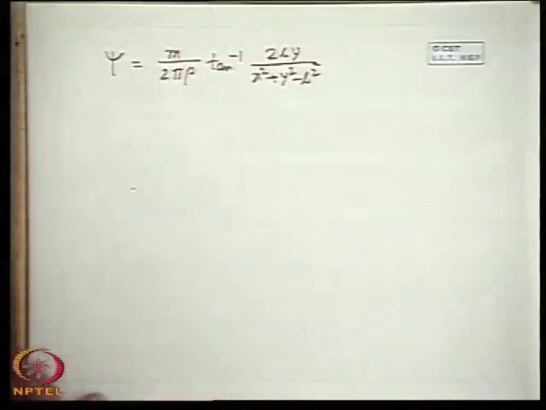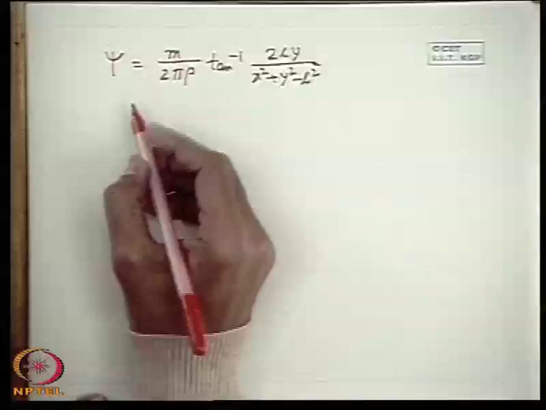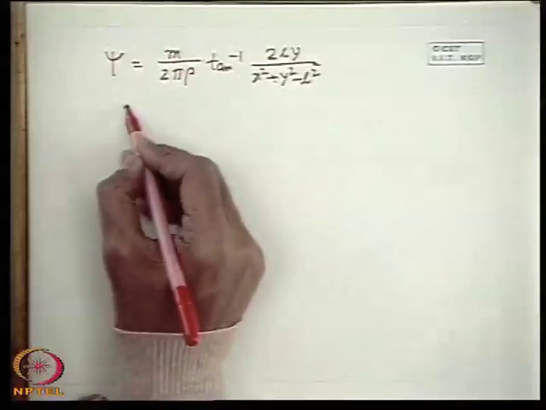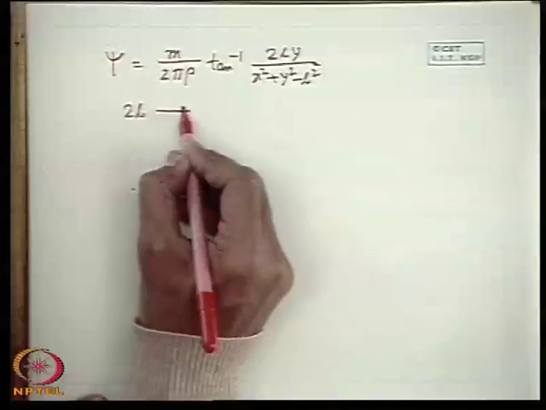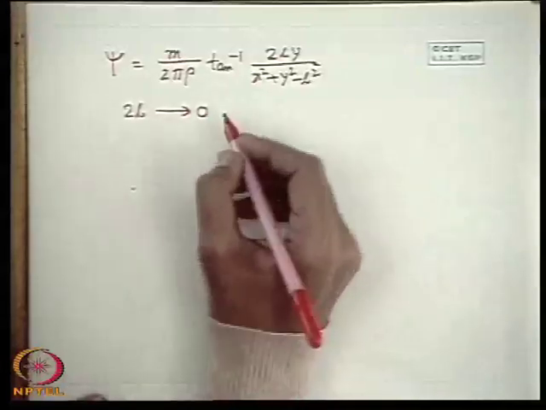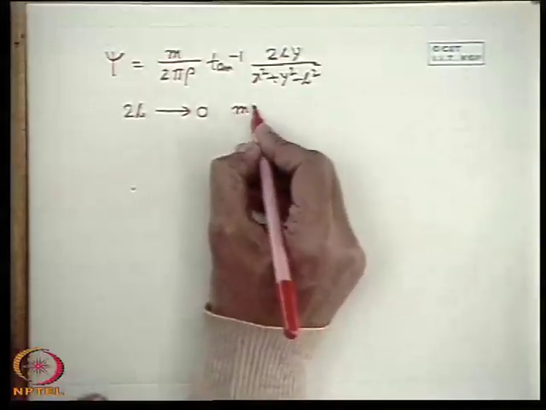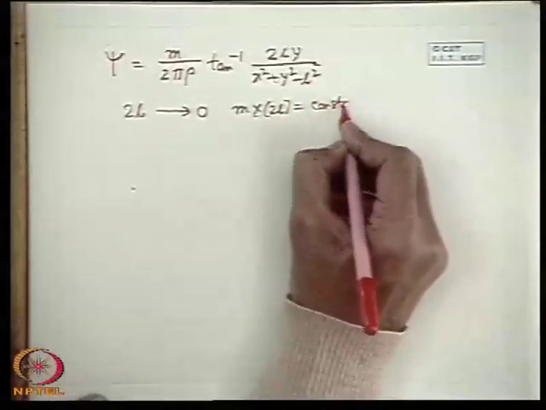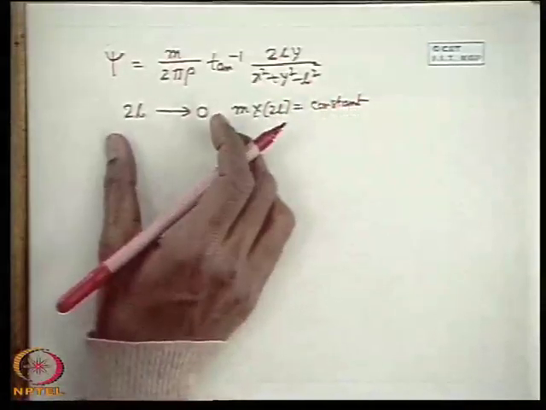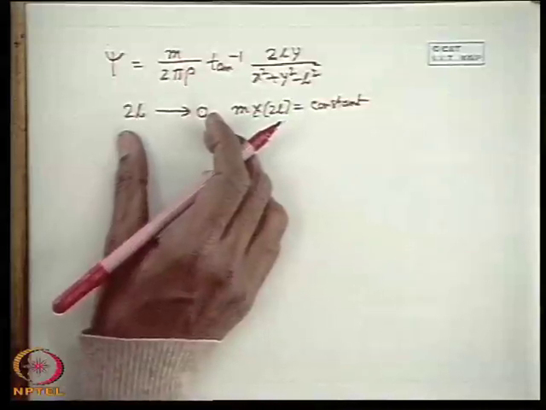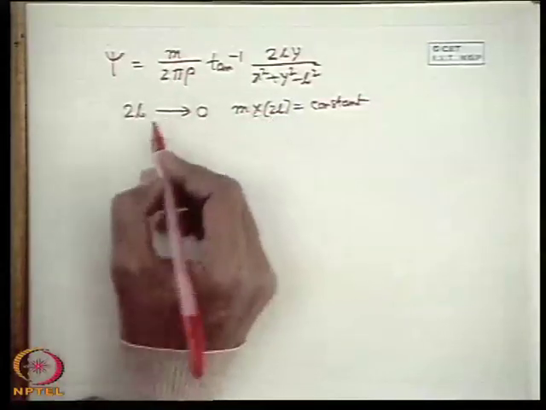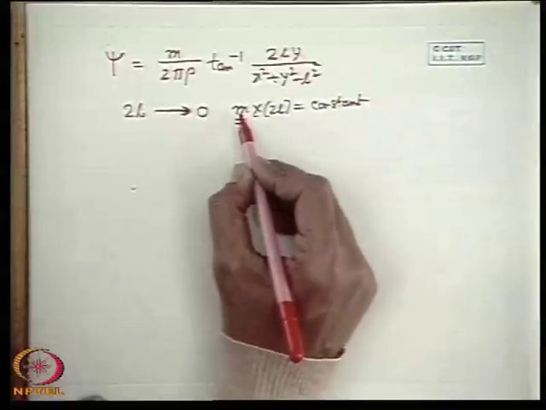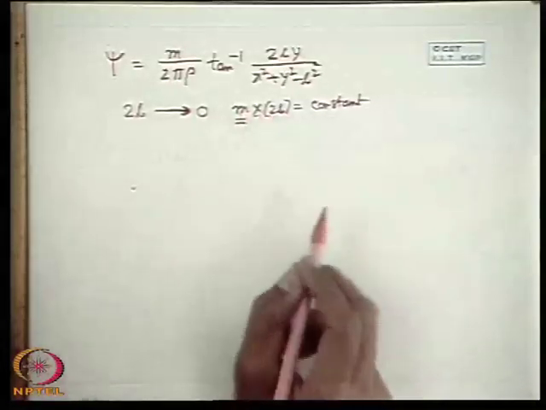Now we will consider a case where source and sink are placed in such a way that the distance between them tends to 0, with the condition that the strength times the distance remains finite or constant. That means the source and sink are kept at a distance and ultimately they are approaching each other, the distance between them tending to 0, with the constraining equation that the product of the strength and the distance of separation is constant.